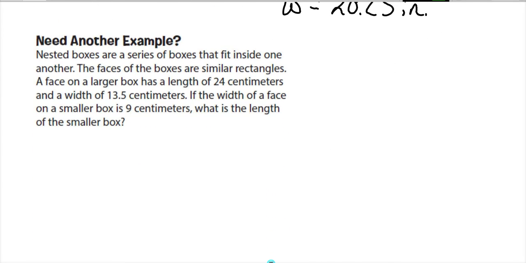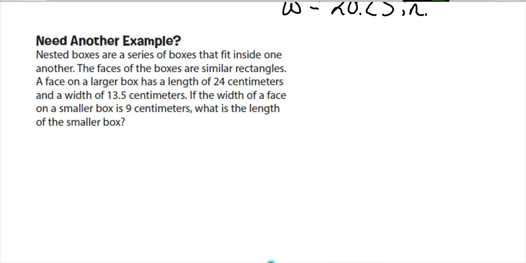All right, last one. Need another example. Sure, why not? All right, so nested boxes are a series of boxes that fit inside one another. The faces of the boxes are similar triangles. A face on a larger box has a length of 24 centimeters and a width of 13.5 centimeters.